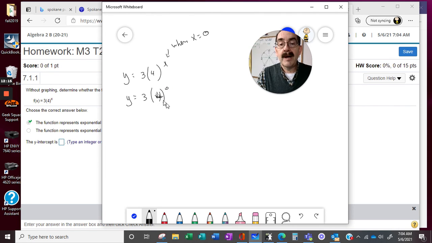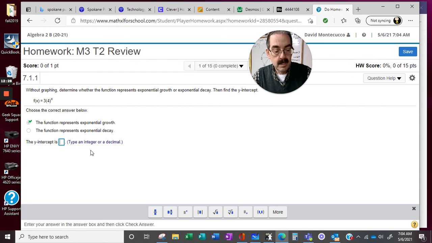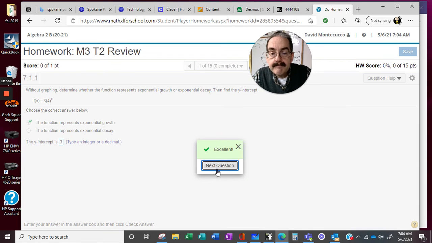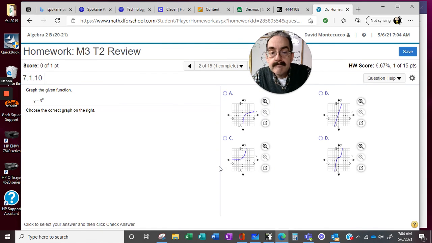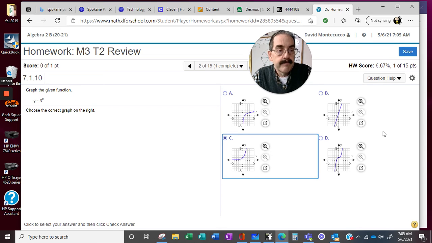Anything to the 0 power is 1. The y-intercept is 3 times 1, y equals 3. The start value, the y-intercept, is 3. The growth curve, right?